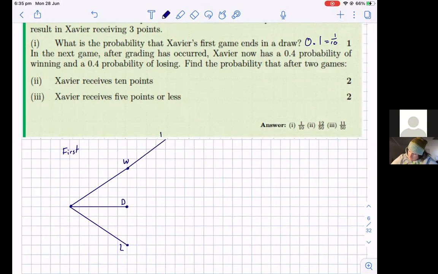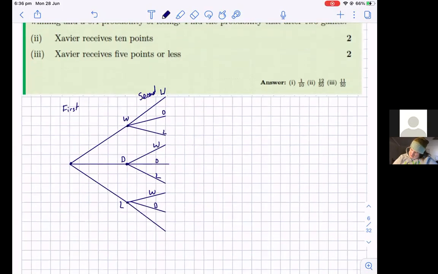If he wins once, he could win the second, he could draw the second, he could lose the second. Win, draw, lose, win, draw, lose.